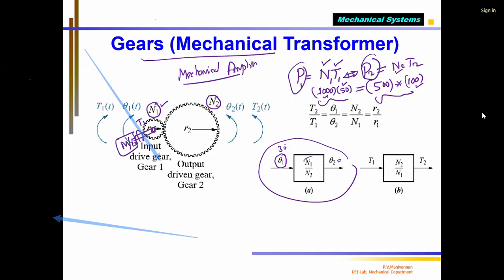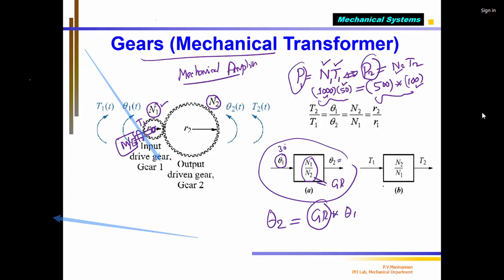That depends upon N1 divided by N2, which is called the gear ratio. So I can say that gear ratio multiplied by theta 1 will be equal to theta 2. This is called a gain.